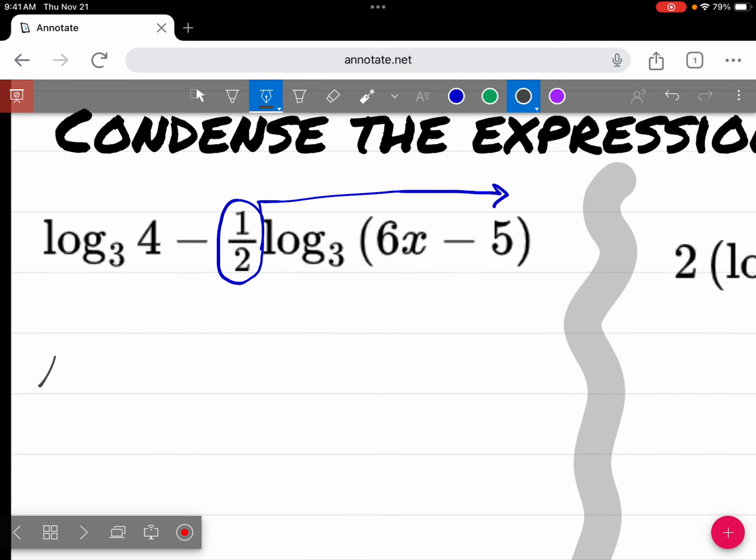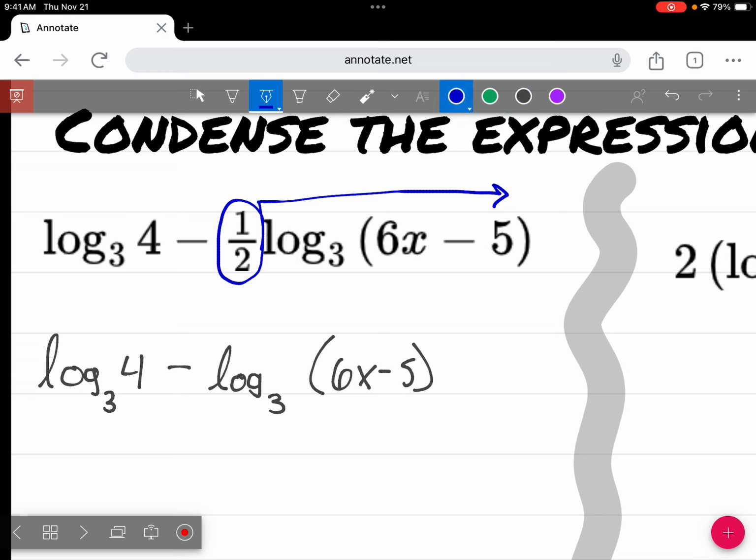So this is going to become log base 3 of 4 minus our log base 3 of 6x minus 5 to the power of 1/2. That does not work. You could put to the power of minus 1/2 and switch to be a plus, but you're going to wind up at the same final expression anyway.